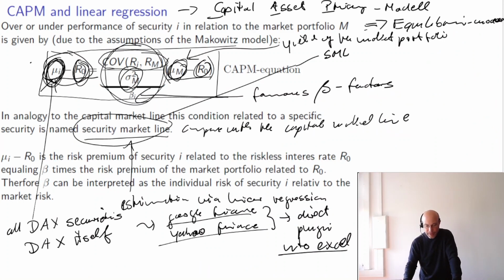Then you can say that if this beta is larger than 1, you have a riskier asset with respect to the market risk. And if you have a beta lower than 1, then you interpret this as your security having a lower risk than the market risk.